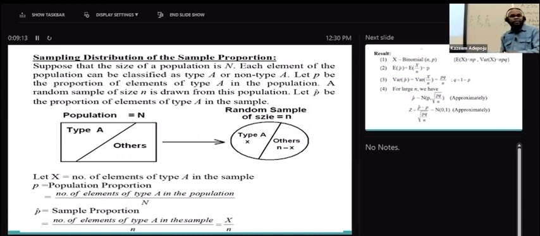Look at that. And what is p hat? The p hat means an estimate of the population proportion.